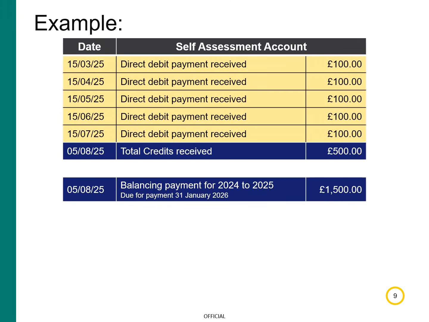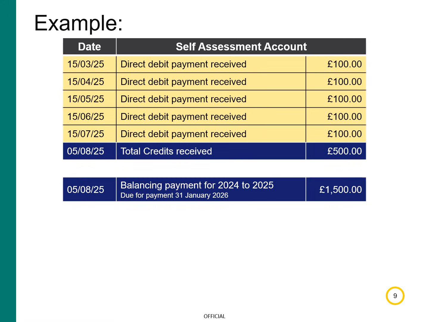You set up a direct debit for £100 per month and the first payment is taken on the 15th of March 2025 and on the 15th of each month after this. You fill in and send your tax return for 2024 to 2025 on the 5th of August 2025, and your balancing payment from that tax return is £1,500.